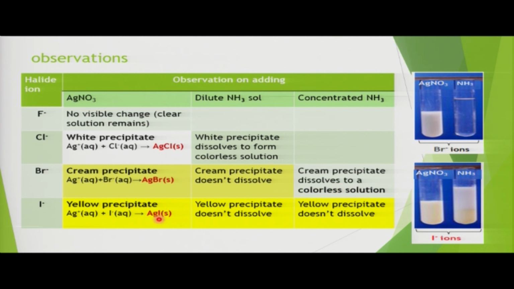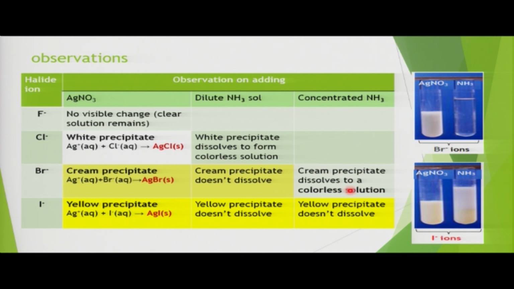In the presence of iodide, it forms a yellow precipitate with silver nitrate, which also does not dissolve in the presence of dilute ammonia, and it also stays undissolved in the presence of concentrated ammonia. So in this way, you use these two reagents to identify a solution which has a chloride, a bromide, and an iodide.